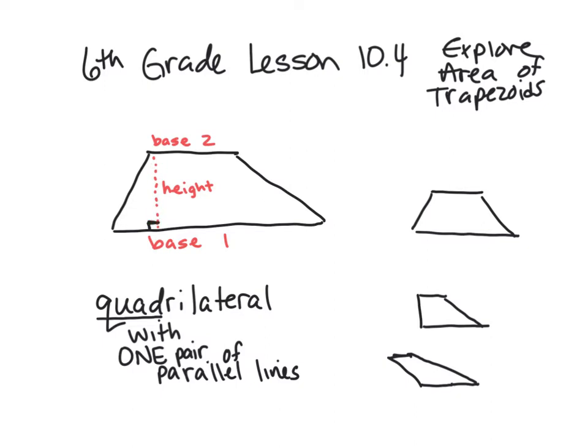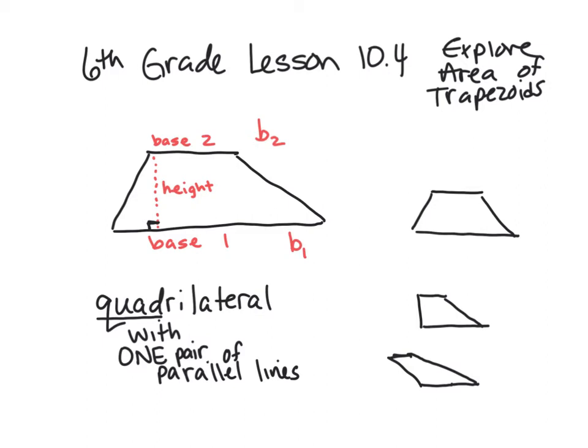That's where we would measure the height. Those are the pieces of information we would need. You'll see base 1 and base 2 written that way as we go further on, and so now you know what those symbols mean.